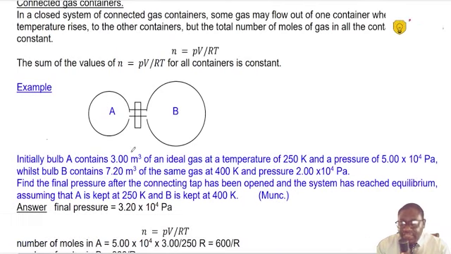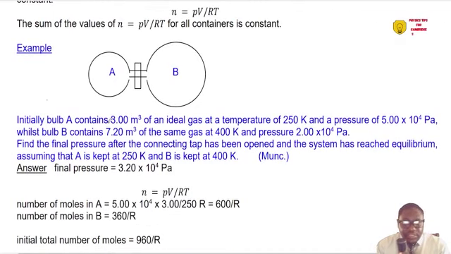So I'm going to illustrate this by an example. In this example, we have initially bulb A containing 3 cubic meters of an ideal gas at a temperature of 250 kelvins and a pressure of 5.00 times 10 to the power of 4 pascals. Then bulb B contains 7.20 cubic meters of the same ideal gas at 400 kelvins with a pressure of 2.00 times 10 to the power of 4 pascals.